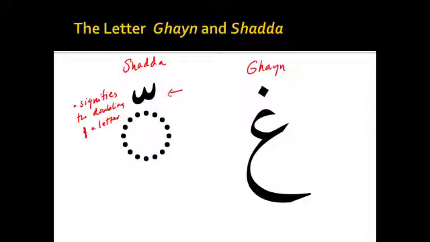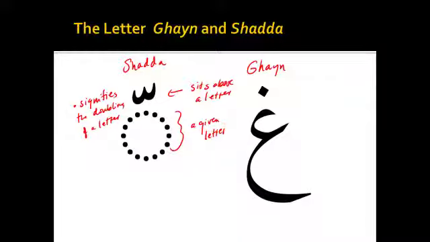And the Shadda sits above a letter. And this circle here represents a given letter. This will become clearer later in the lesson.